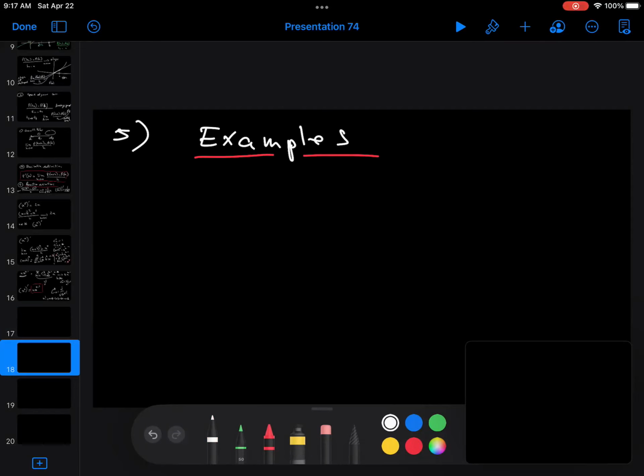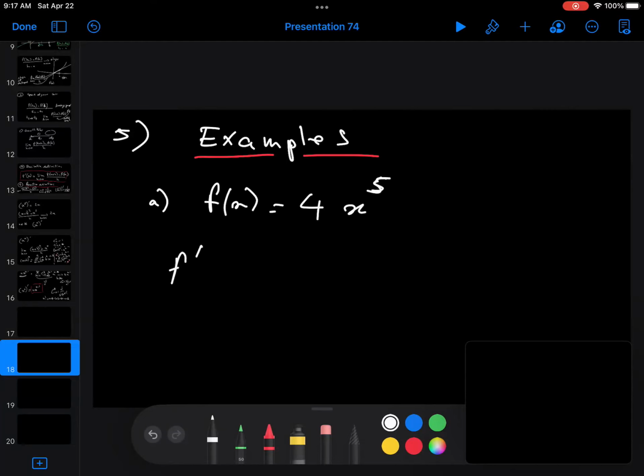So let's start with a first example. For example, if I want to derive the function, let's say, 4x^5.